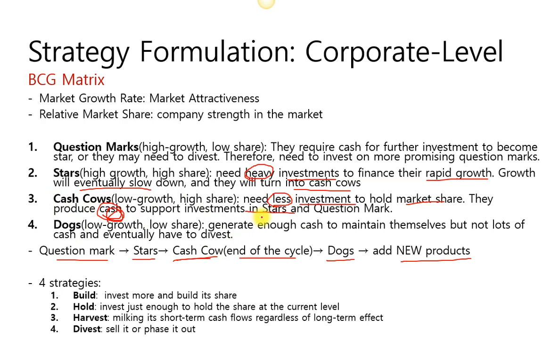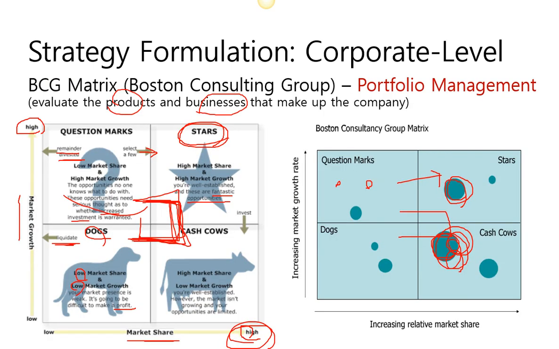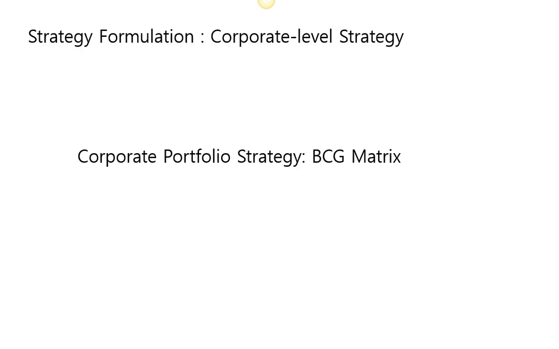You have to invest in your stars and question marks. Your stars can become the next cash cow for you, and the question marks can eventually become your cash cow.